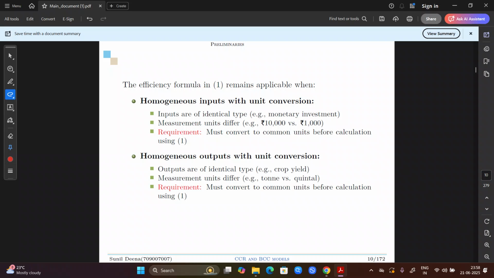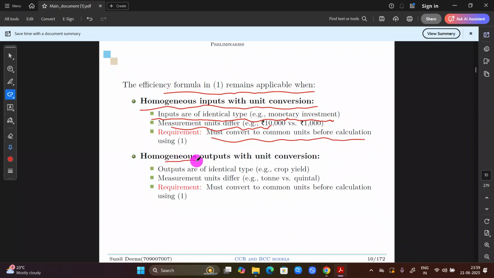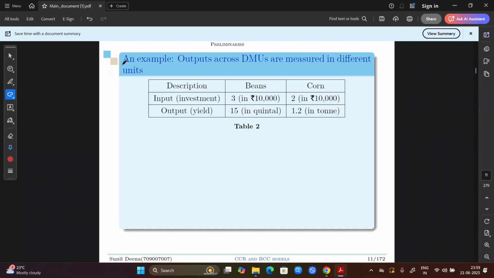So in this case also the efficiency formula 1 remains applicable with homogeneous input with unit conversion: inputs are of identical type, for example monetary investment, but measurement units differ, that is 10,000 or 1000. If the unit is not the same, we must convert to common units before calculation. Similarly for homogeneous output with unit conversion, I will explain with one example.